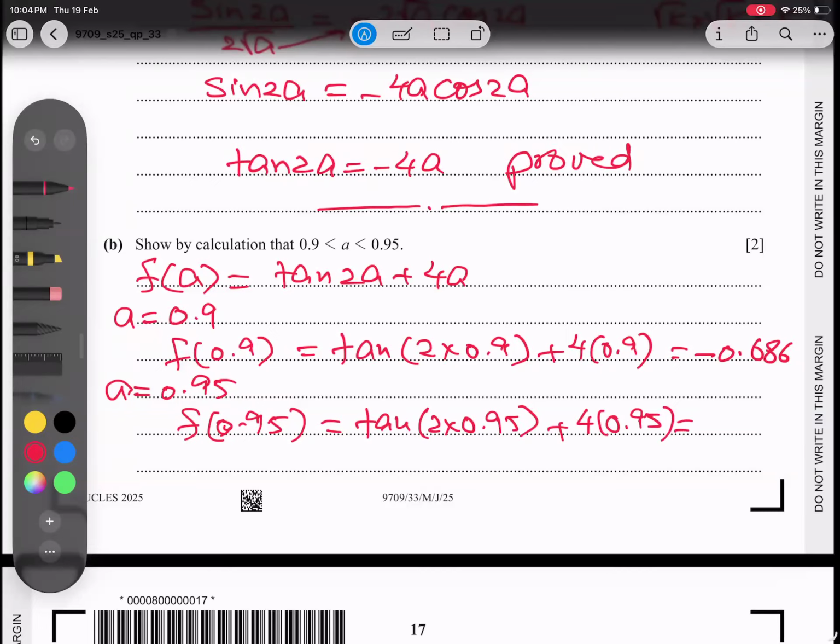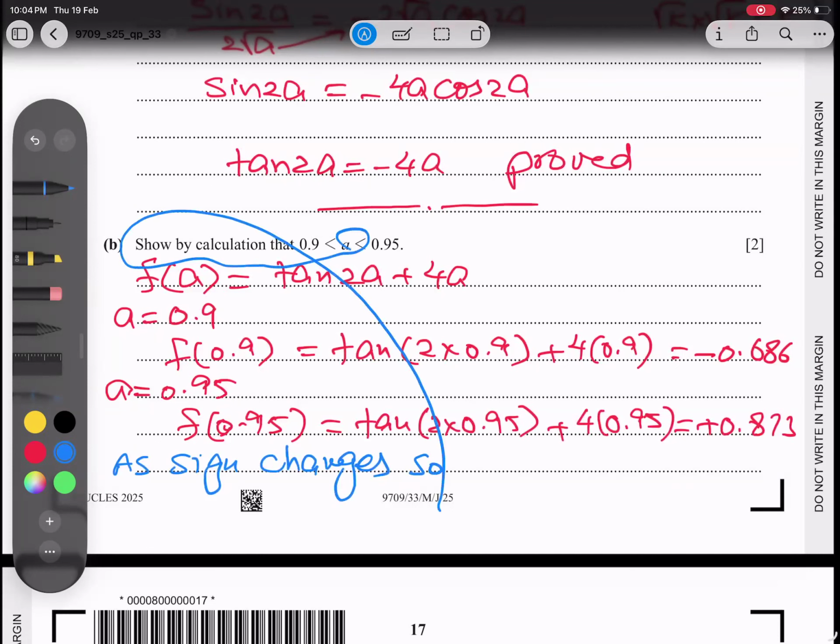My answer turns out to be positive 0.873. Now, as the sign changes, I have said many times, write a statement: as the sign changes, there is a root, or a value, you can say. So a value must be less than 0.95 and more than 0.9.